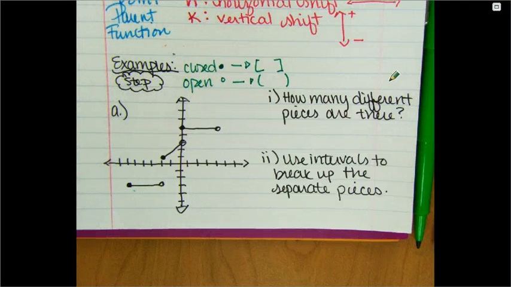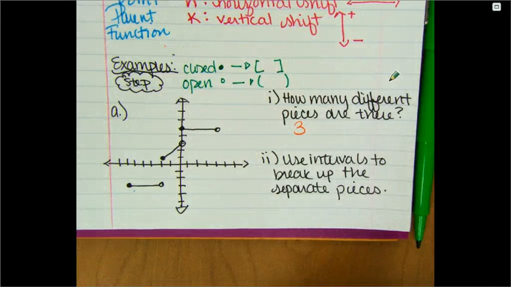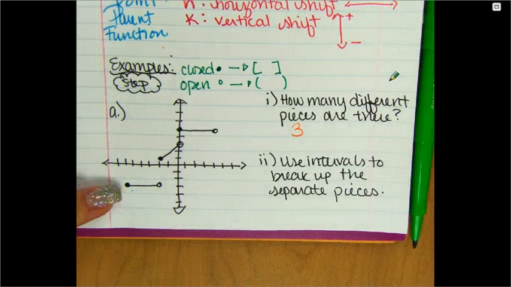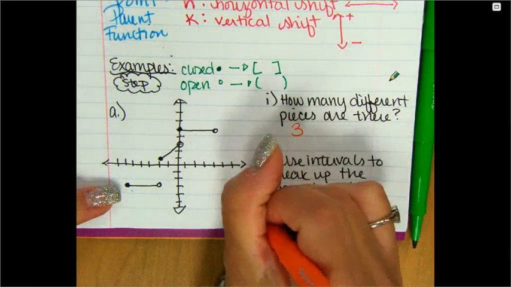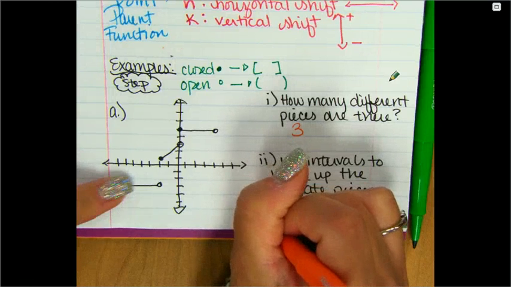How many different pieces are there? How many? 3. Okay. All right, use intervals to break up the pieces, going from left to right. Ready? Intervals. Do we use X's or Y's? You use X. So let's go from left to right. What X did I use here? Negative 6. Is it bracket or parenthesis? Bracket.